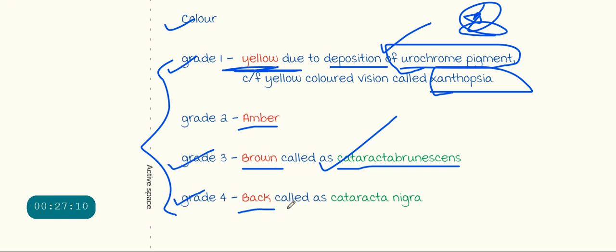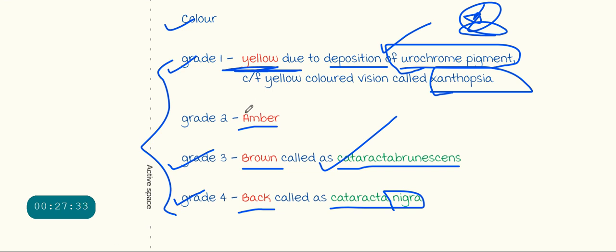So in black people, in negro people, this variety of color of the eye is seen. So these are the grades of the color of the eye. It could be yellow, amber, brown or black.